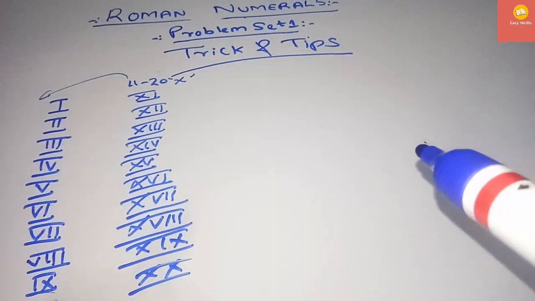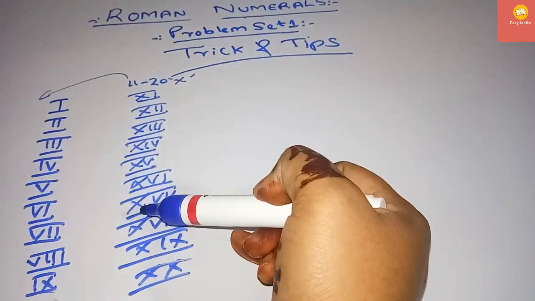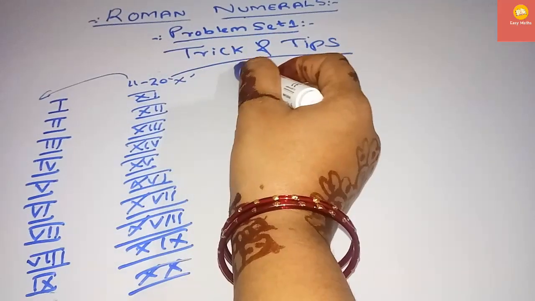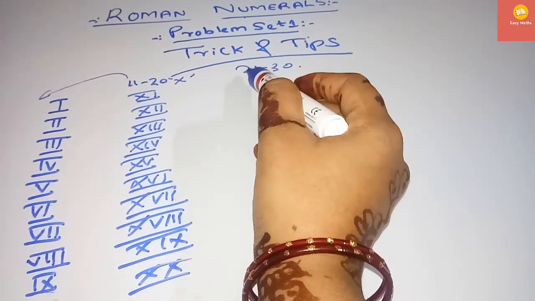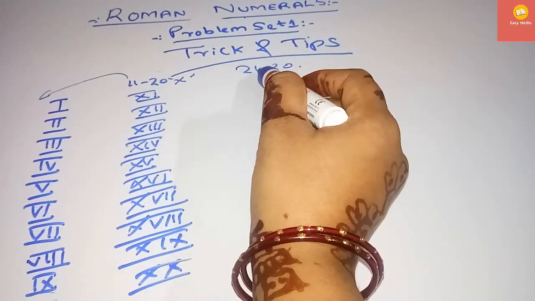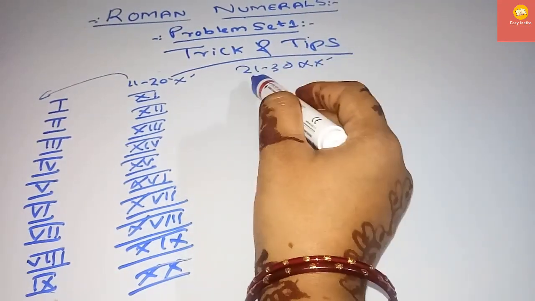See how fast I have written the 11 to 20 Roman numbers. Now 21 to 30, what I have said, put 2 X's on the left hand side. So start putting.